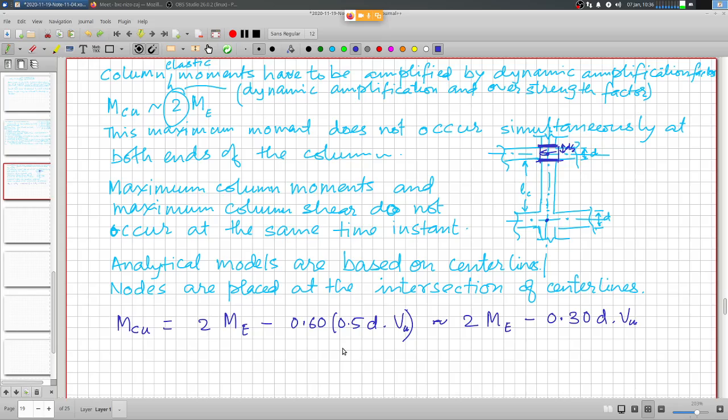And what should be the ultimate shear? The ultimate shear would again be, let's say, 1.8 to 1.9 times V elastic. So this is again the dynamic magnification factor.